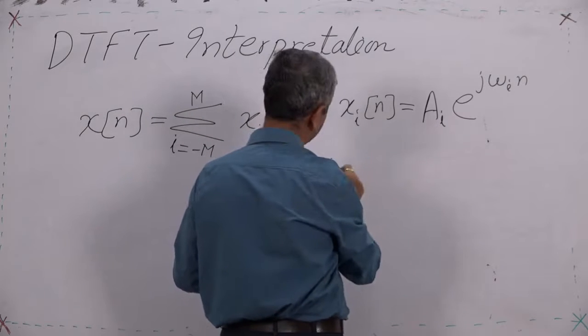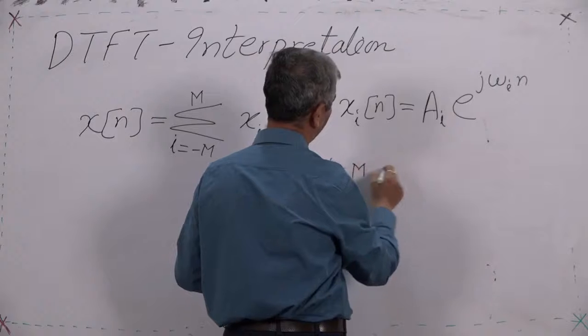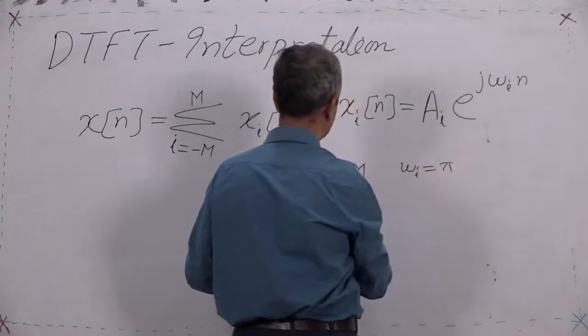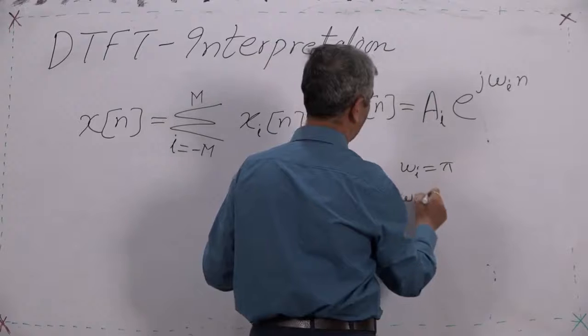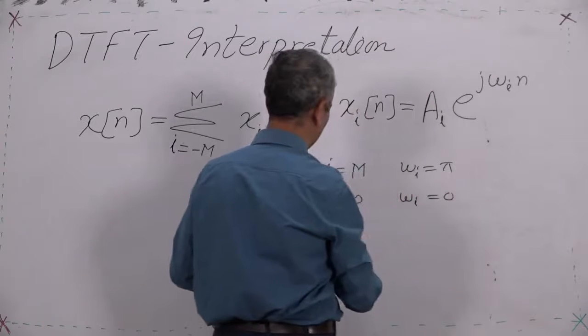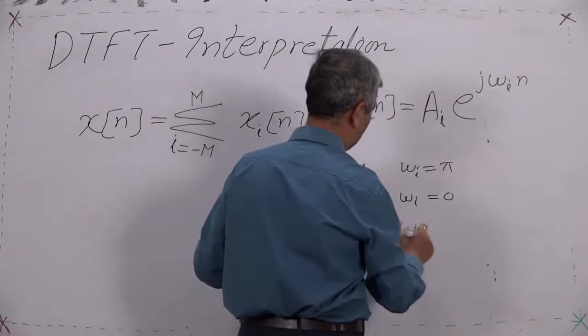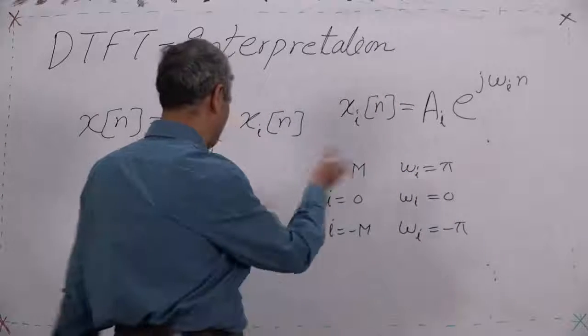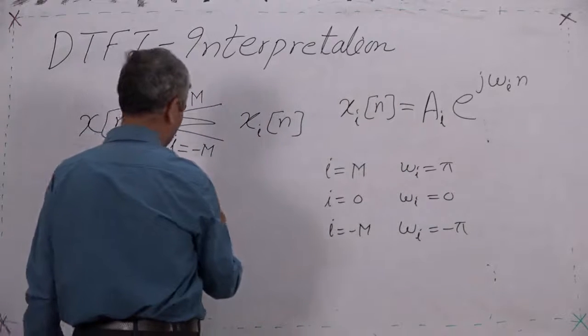If I is equal to m, omega I will be pi. If I is equal to 0, omega I will be 0. If I is equal to minus m, omega I will be minus pi. So with this, how can I relate omega I and I?